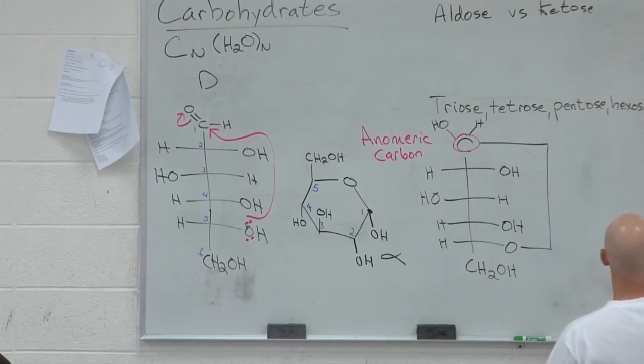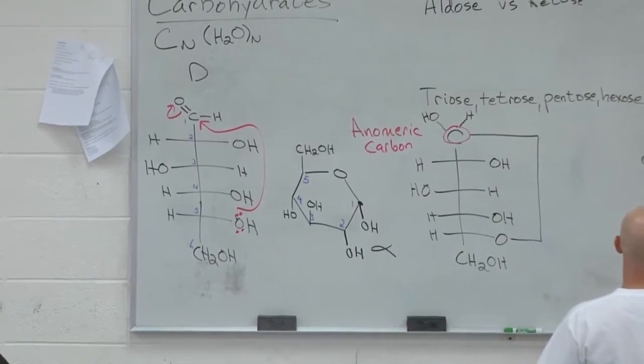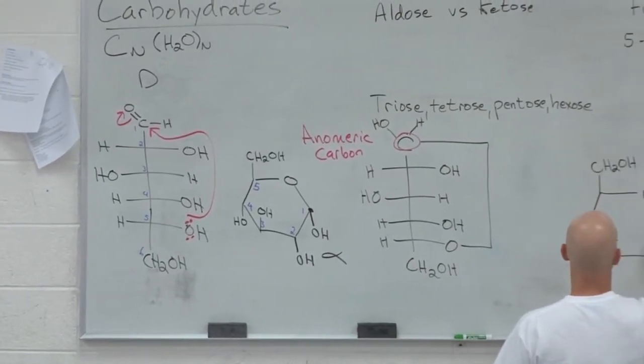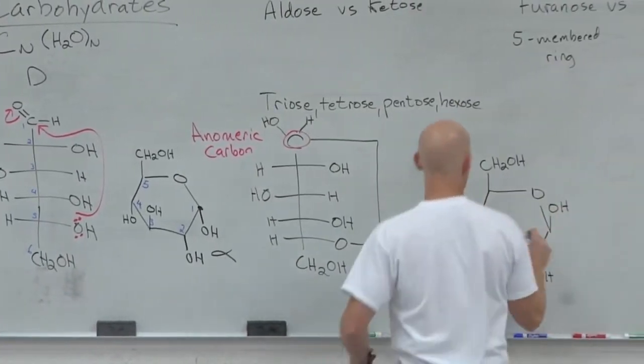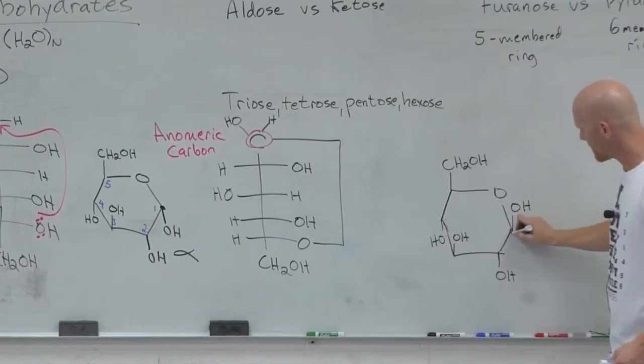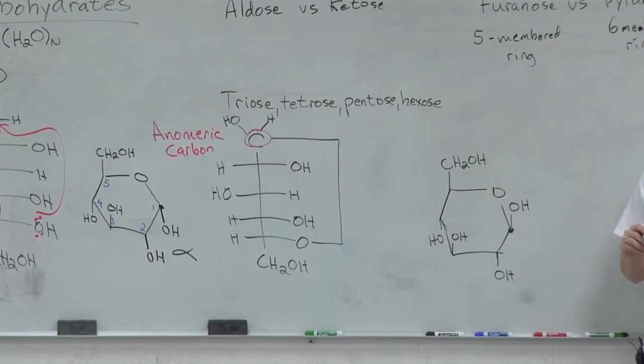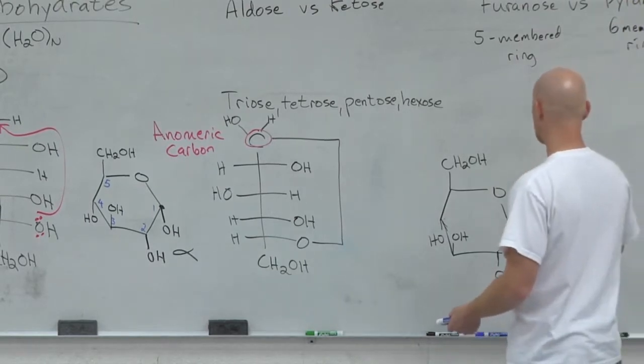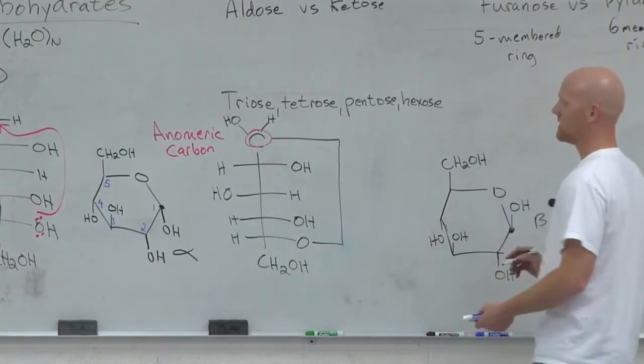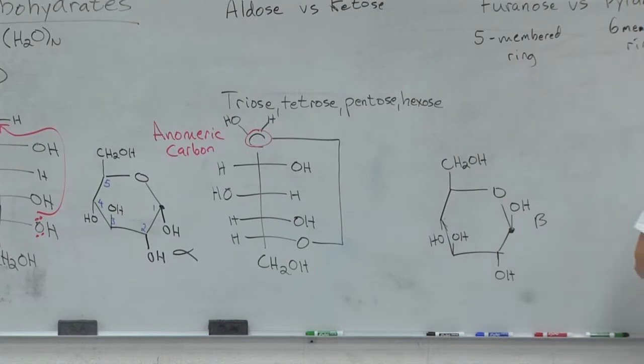If, however, on that anomeric carbon, that OH points up, that's beta. So it turns out that alpha has the OH pointing down and beta has the OH pointing up only applies to D sugars. So here's the real rule.